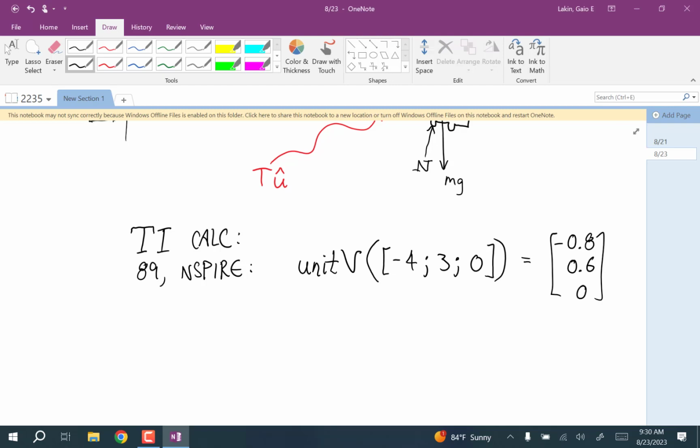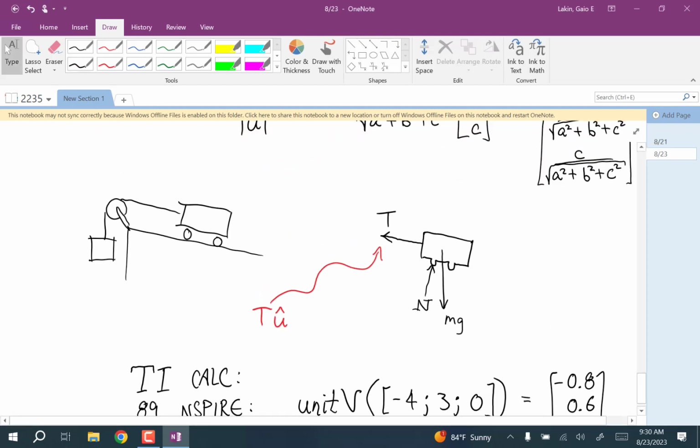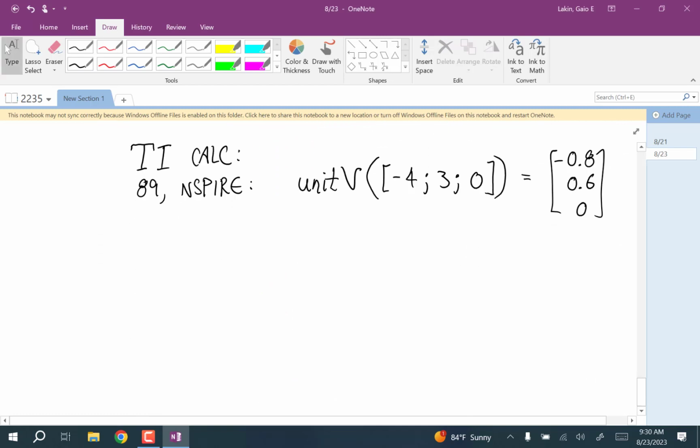Okay, so that's some stuff that you're going to need to do. Then there are two ways to multiply two vectors together, and both of them are going to be important in this class. Can you think of what those two ways are? Yeah. Dot and cross. Yep, dot and cross. So this is multiplying two vectors.